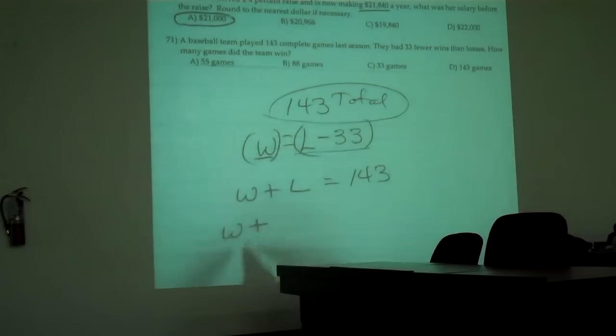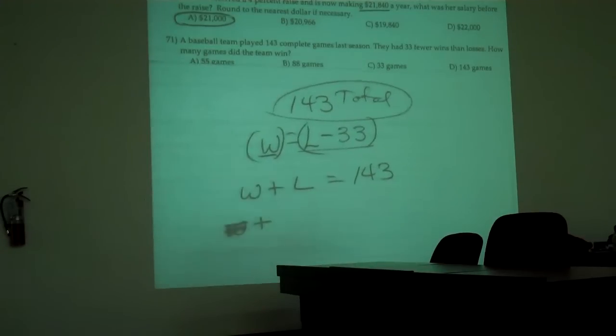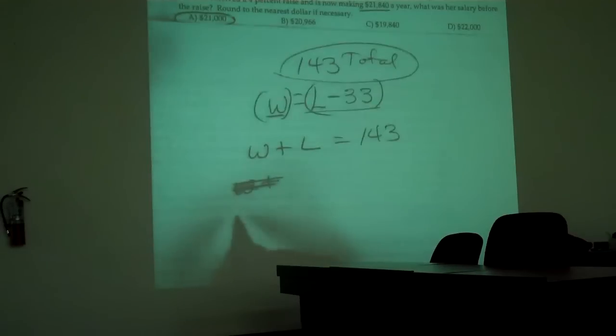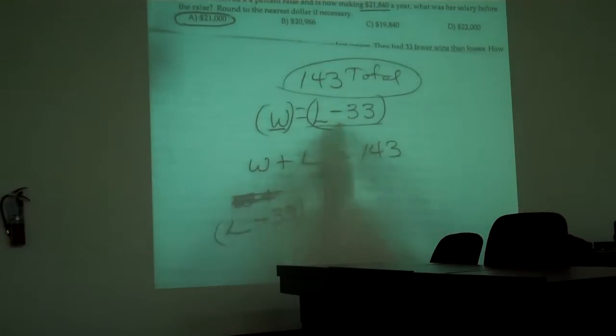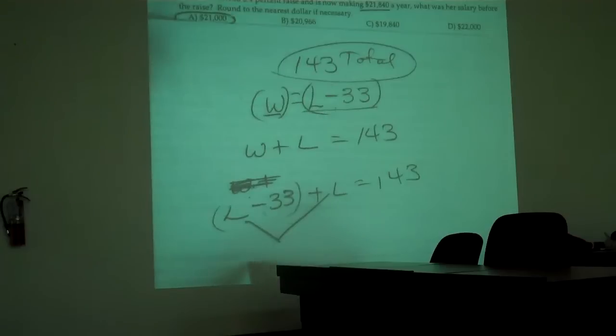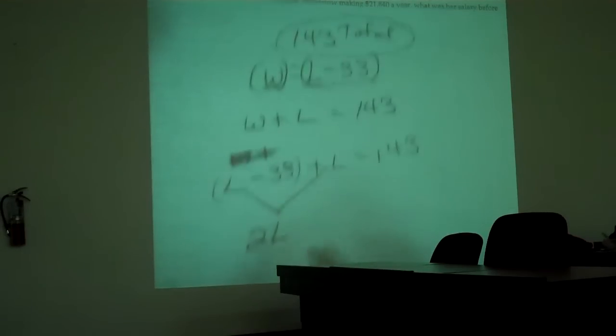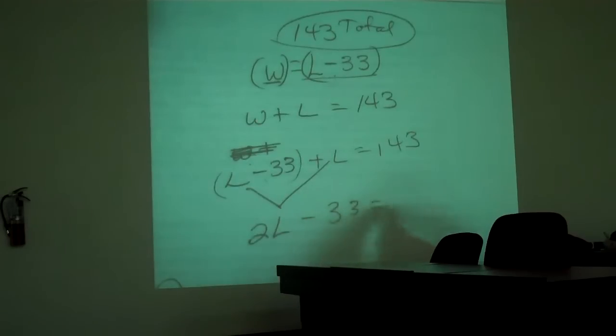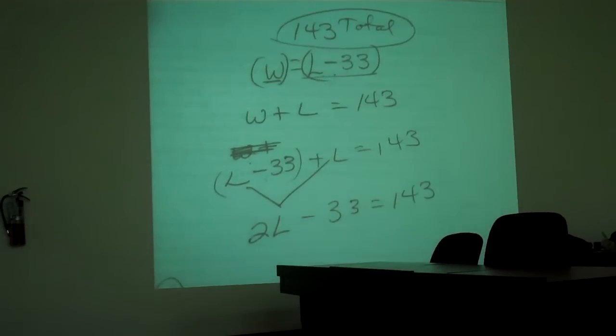We'll put this instead of wins right here. So instead of wins, we're going to put L minus 33. That's our wins. See how W equals that? Wins plus the losses is 143. Losses plus losses is 2 times the losses, minus 33 is 143.